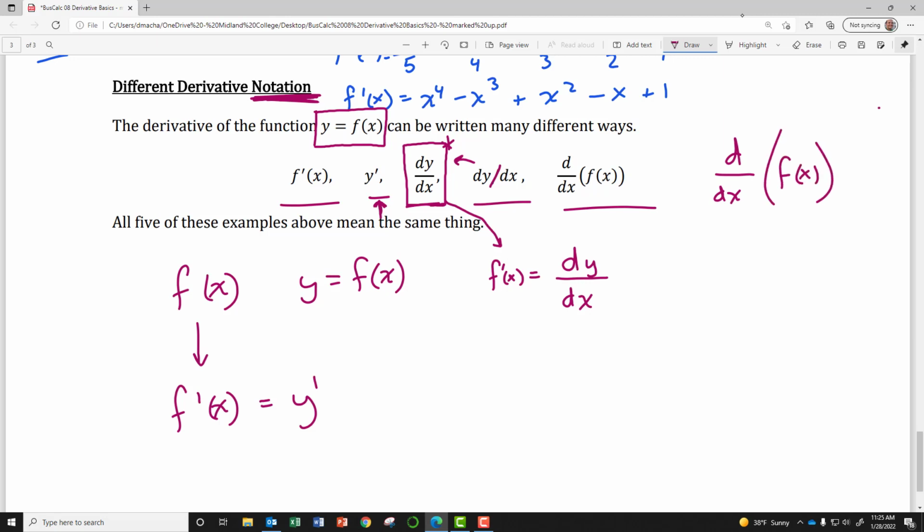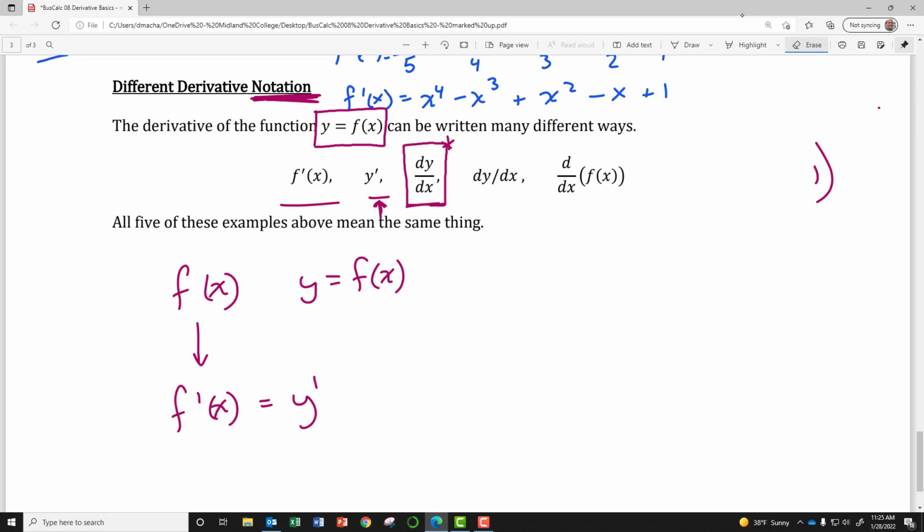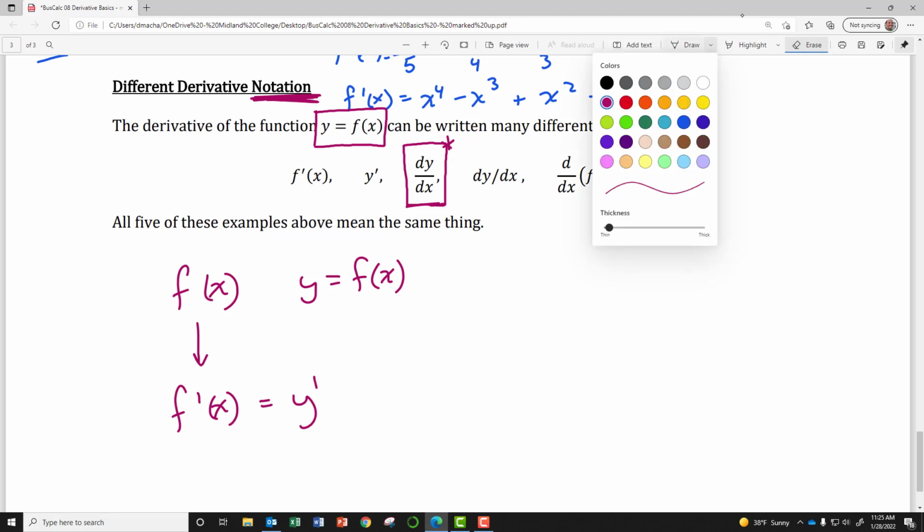And so that's, again, a 5th way of representing the exact same thing. What I really want to emphasize here is that those 5 examples are all different ways of using notation to ask about the derivative or talk about the derivative.